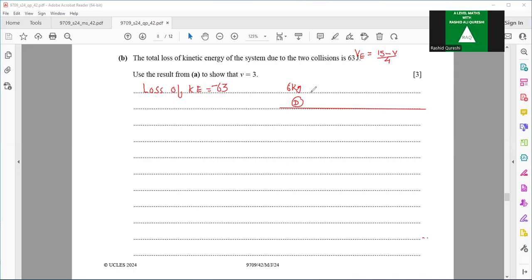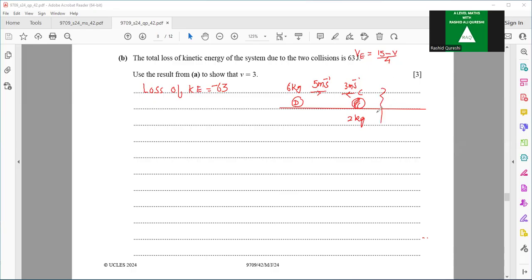It is moving towards this one with velocity 5 meter per second. Then we have this particle C, that is moving with 3 meter per second in the opposite direction. Its velocity was V meter per second and its mass was 2 kg. Am I right?